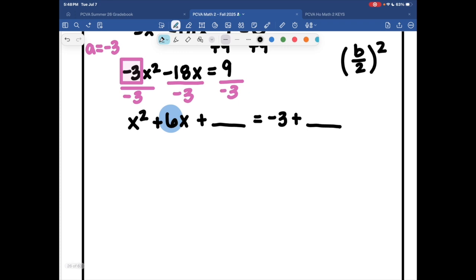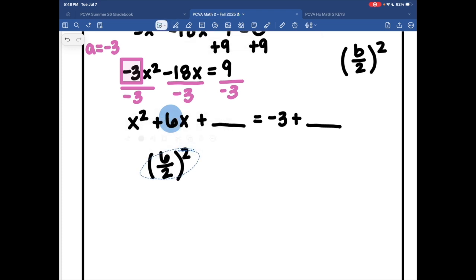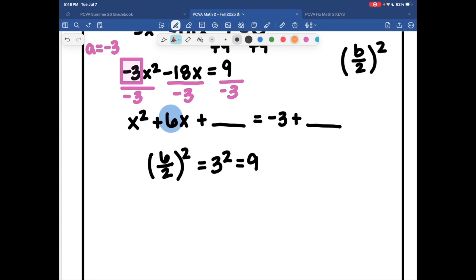So that's going to be 6 divided by 2, which we know is 3. So we have 3 squared, which is going to give me a value of 9. So we're going to input that 9 and put it here and here. So we have 9 and 9.